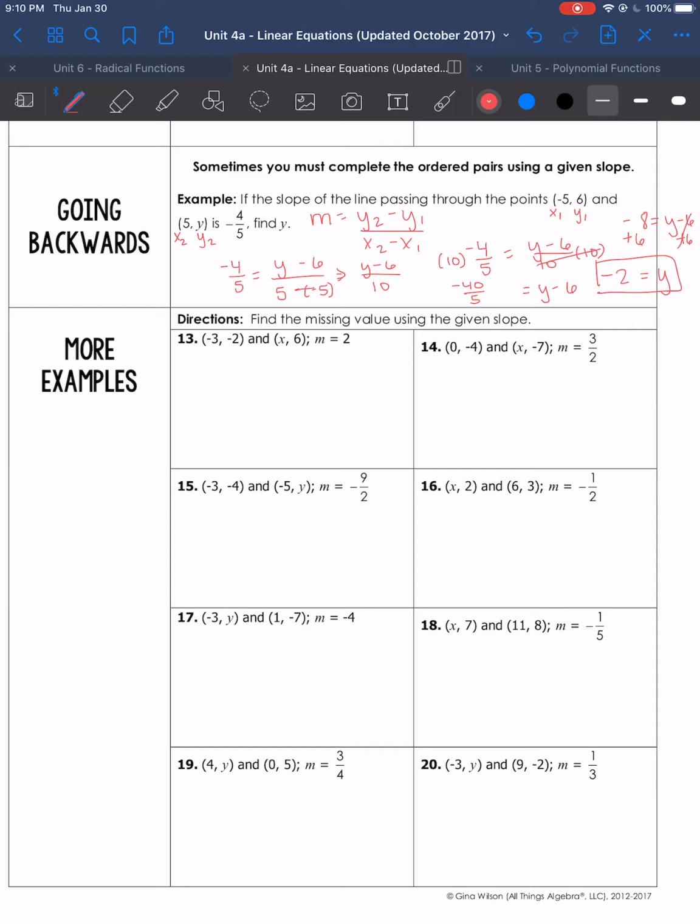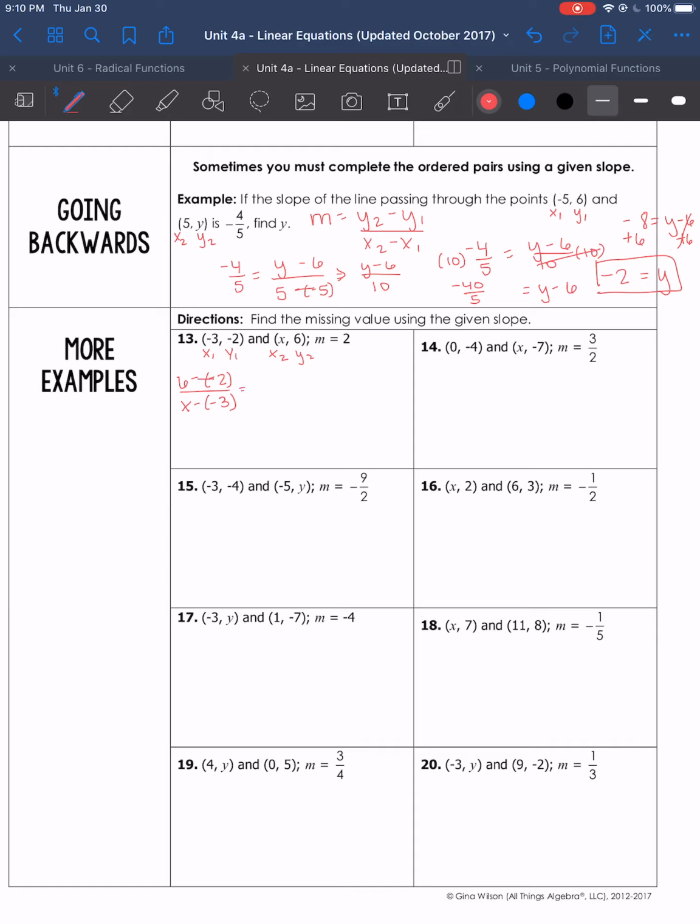Alright, so we are going to do the odds in this case, and then the evens will be left for you to do. In this case we're finding x, but I'm still going to label x1, y1, x2, y2, so when I'm plugging things in, it's all good. So I'm going to have 6 minus a negative 2 divided by x minus a negative 3.